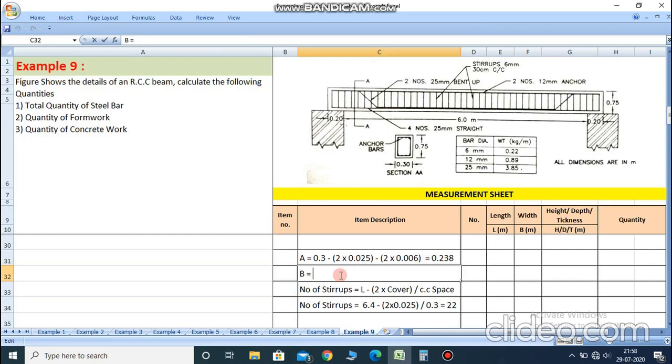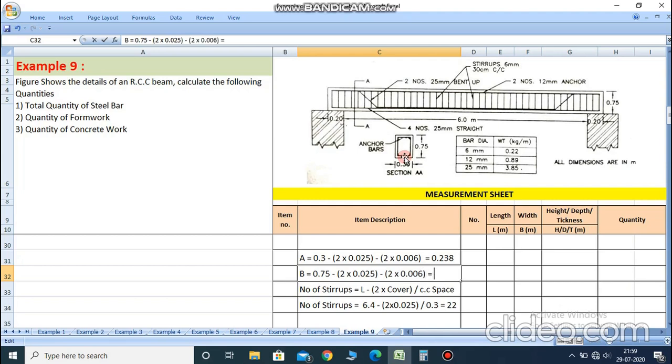Now we find out the value B. So B is the largest part. So right here 0.75 minus 2 times cover 0.025 minus 2 times the diameter of the stirrup.